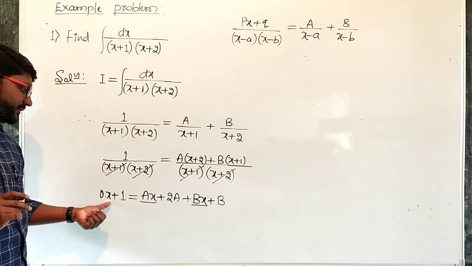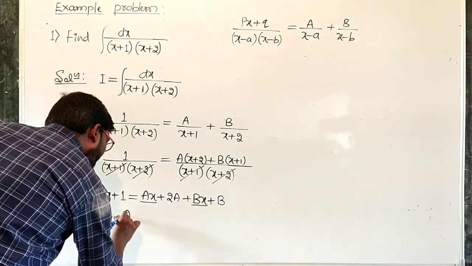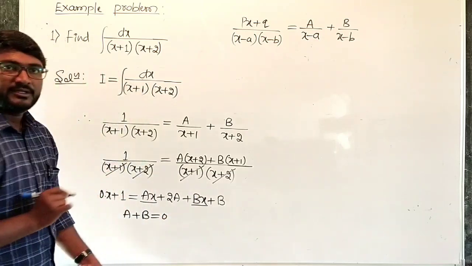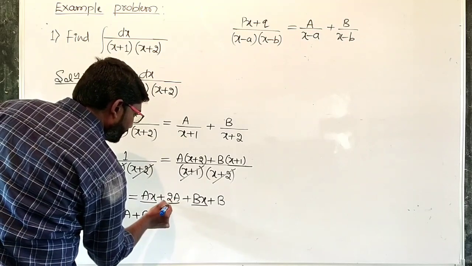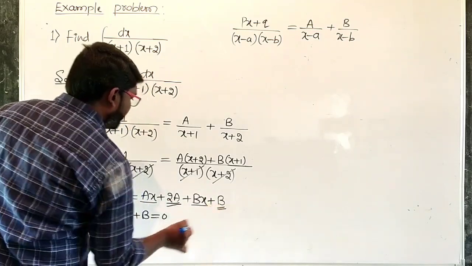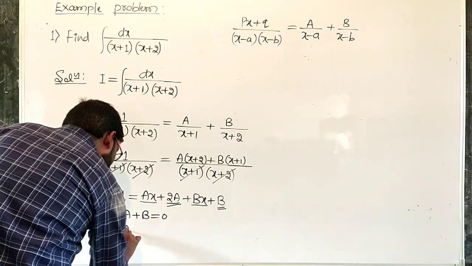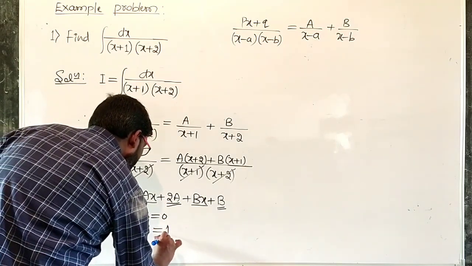So what is the coefficient of x now? It is 0. So a plus b is equal to 0. Then I go for equating the constant terms: 2a plus b is equal to 1.